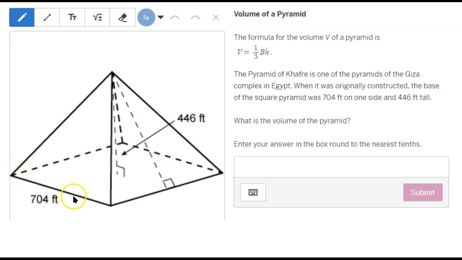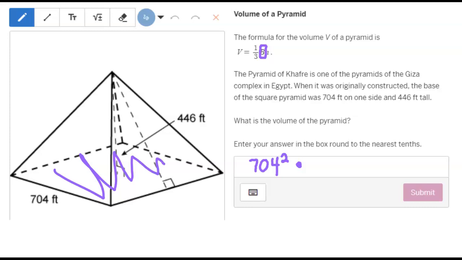Remember that the base has to be squared because this pyramid has a square base. So you're going to take 704 and you're going to square it to get the base. So 704 squared. Wow, you're going to get a really big number here. Then you're going to multiply that times the height. So remember, anytime that you're looking for this base right here, it's going to be whatever all of this area is.